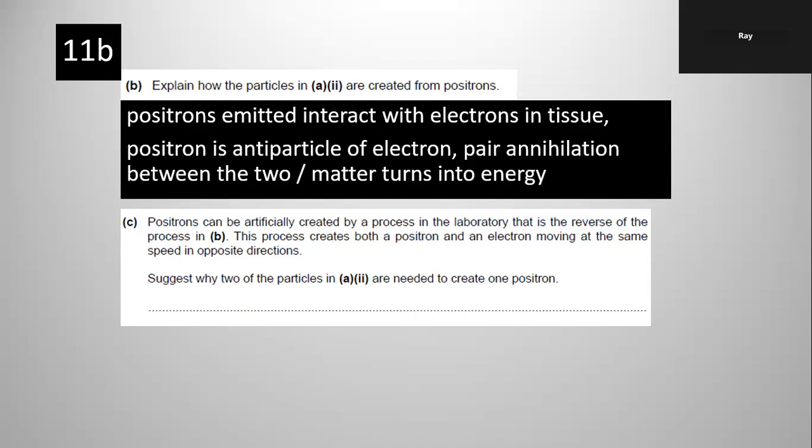Pair annihilation occurs between the two. Matter turns into energy. The positron and electron annihilate, producing energy.